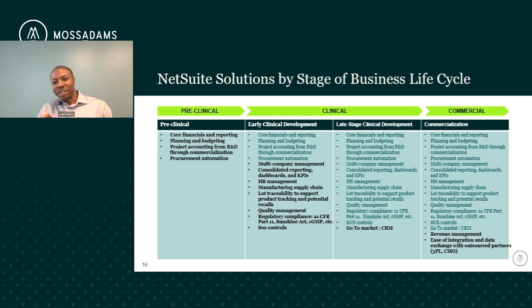As we move on to the clinical development phase, life science companies' needs evolve because now they're involved in managing early and late stage clinical development activities. And at that point, an organization might need multi-company management features that consolidate reports, especially if it's setting up global entities to feed its R&D and contract manufacturing processes.